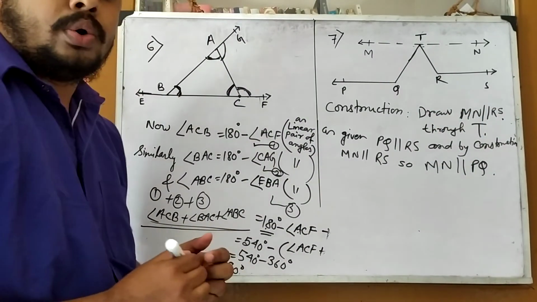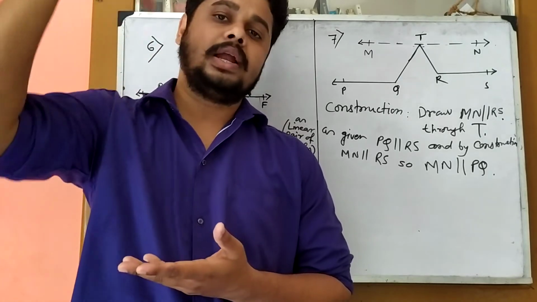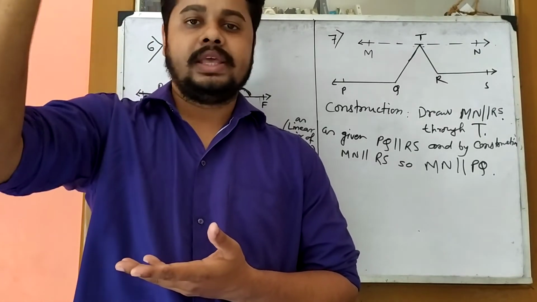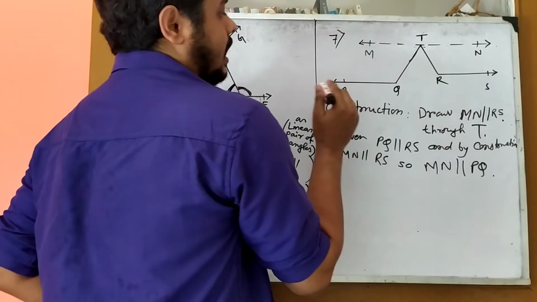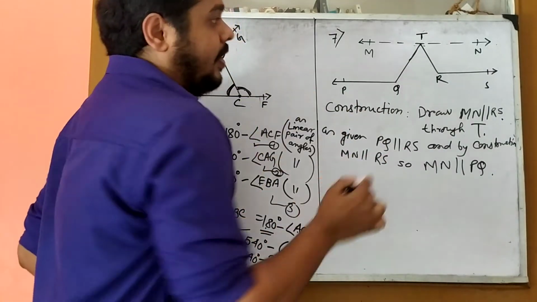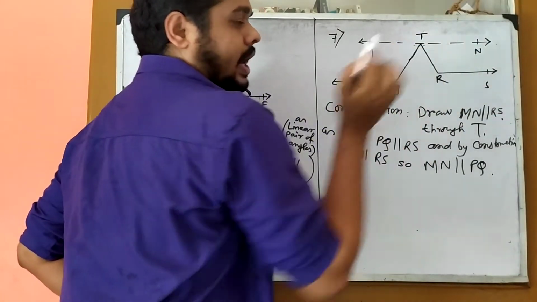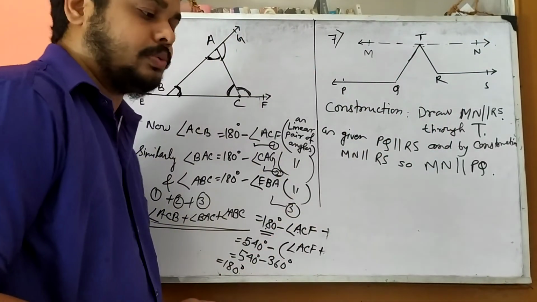Okay, we know if one line is parallel to another line and a third line is parallel to the same line, then the first and third lines are parallel to each other. Hence, by our given condition PQ is parallel to RS, by our construction MN is parallel to RS, so we can say MN is parallel to PQ.